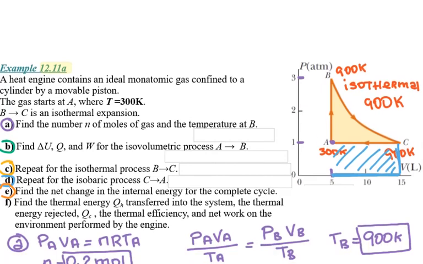And for the last part, they ask you to find the thermal energy Q high transferred into the system, the thermal energy rejected Q cold, or spilled Q cold, the thermal efficiency and network on the environment performed by the engine.